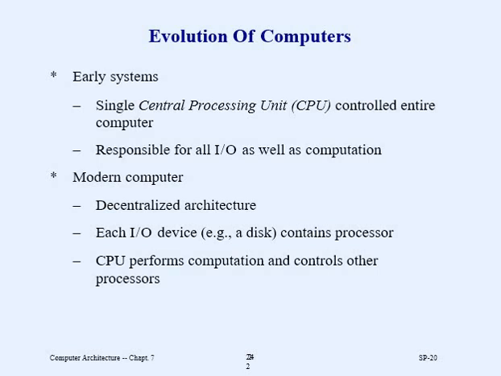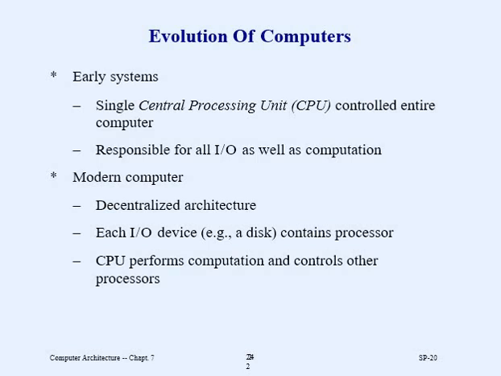But in modern computers, there is a decentralized architecture. It means that each input output device, for example a disk, contains a processor, and the CPU performs computation and controls other processes. It is like the function we discussed in chapter number 4, where the computer can work as a micro sequencer.